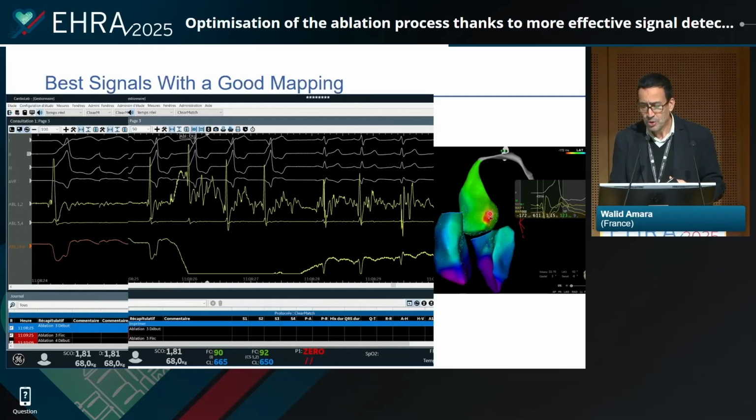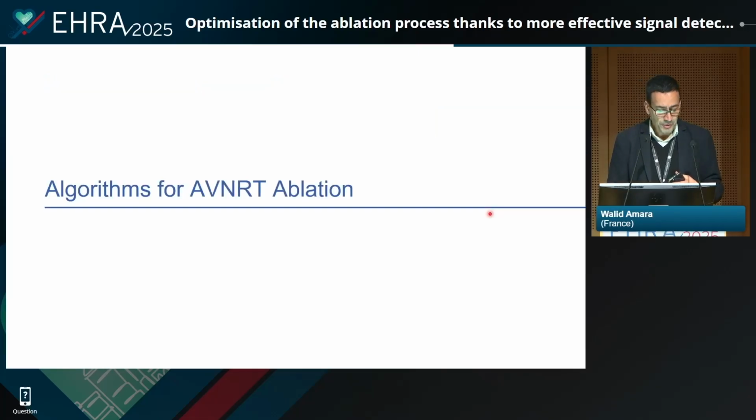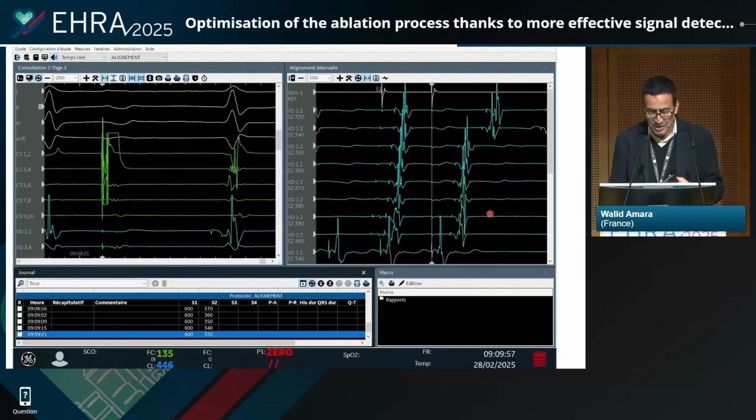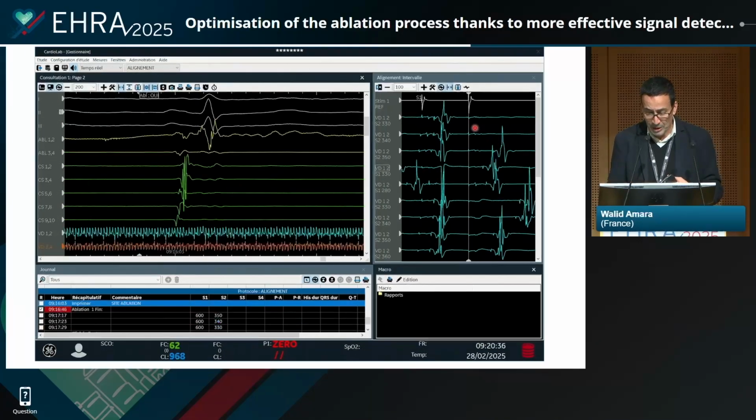And also, maybe in your practice, you may use a lot of tools. I will show you some examples. Of course, every day you may do RT ablation, and sometimes use a very simple algorithm like alignment interval. While reducing your extrasystole, you can see here that there is a jump, and when you do the ablation, you can see that the jump just disappeared.